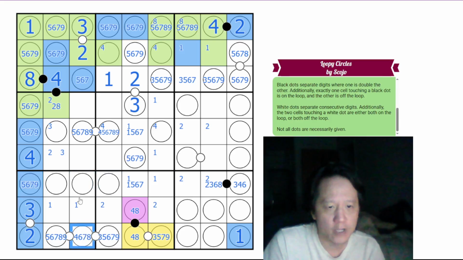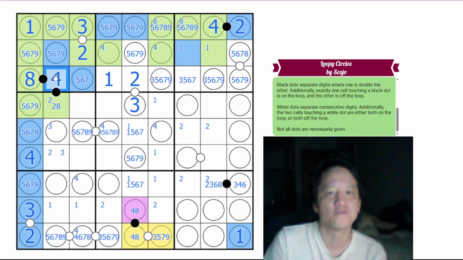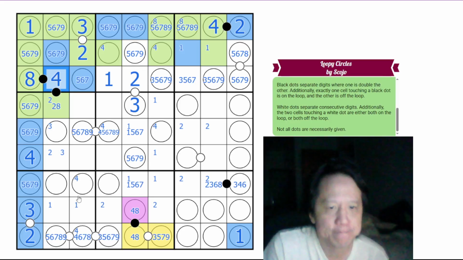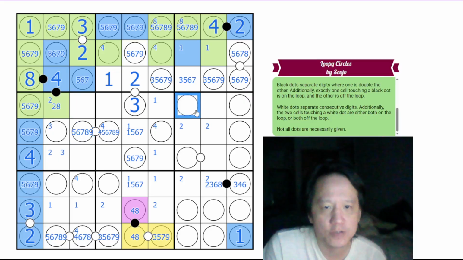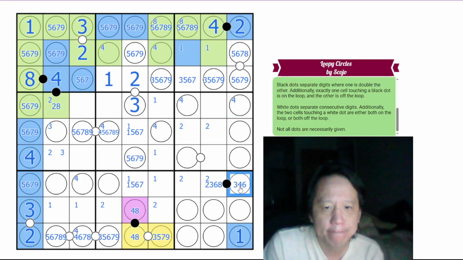So 4 in column 3 then has to be one of these two cells, because it must be in a circle, because this is the only 4 that's off the circle. This is 4, so 4 has to be one of these two. 4 has to be one of these 4.